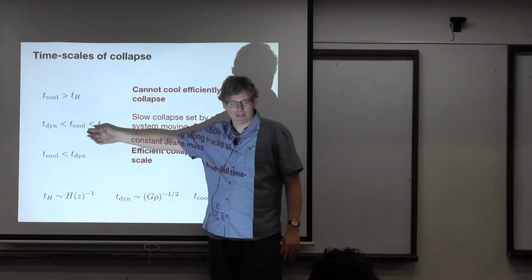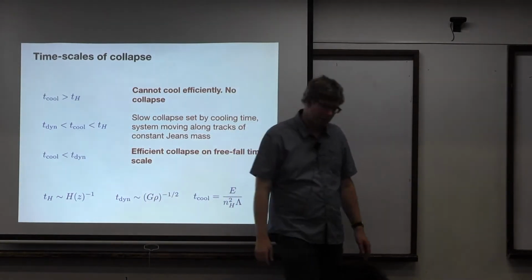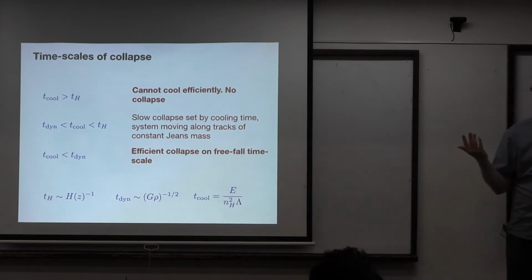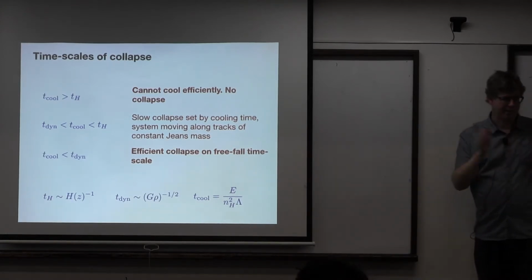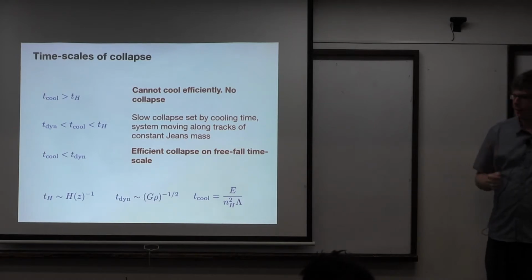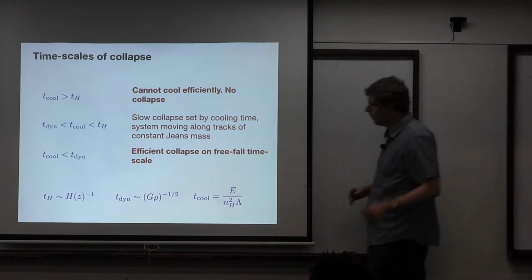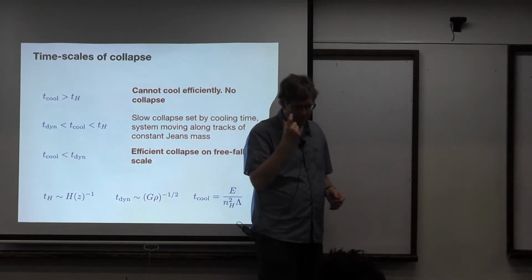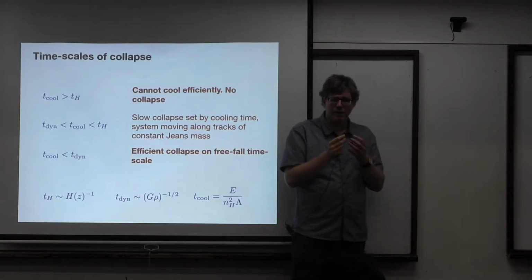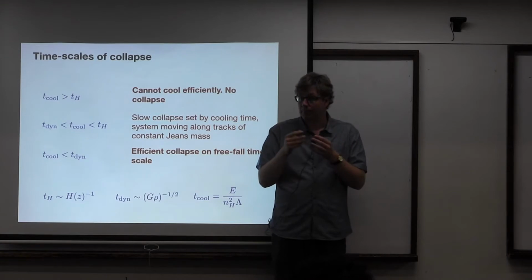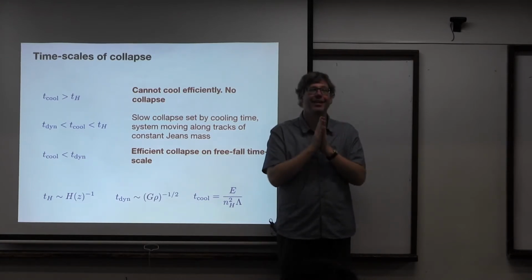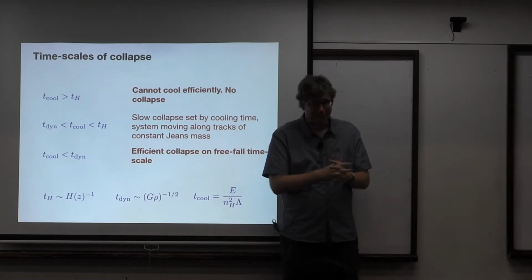The intermediate stage is when the cooling time is longer than the dynamical time, but shorter than the Hubble time, so then you can ignore the fact that the universe is expanding. Then what happens is that it cools a little bit, but then gravitation can re-establish pressure balance.